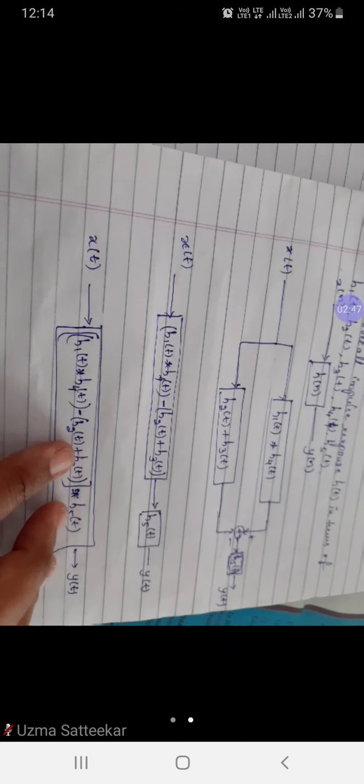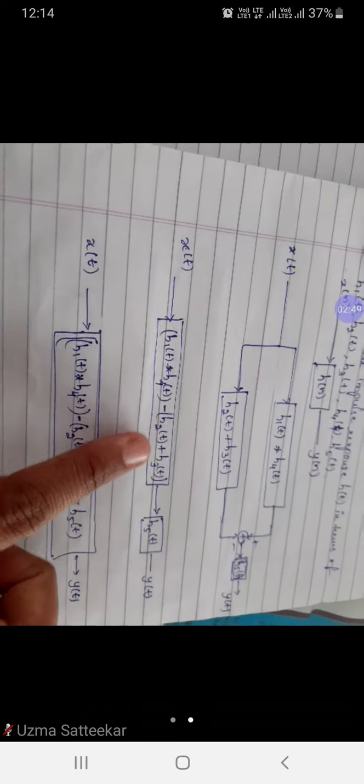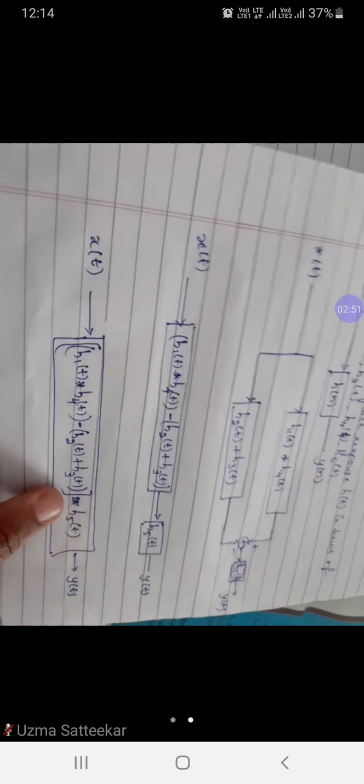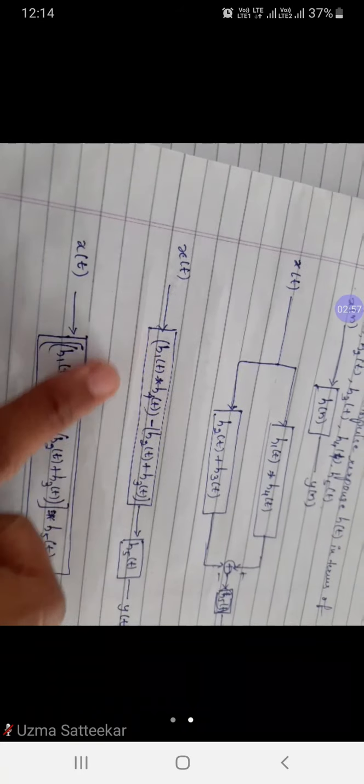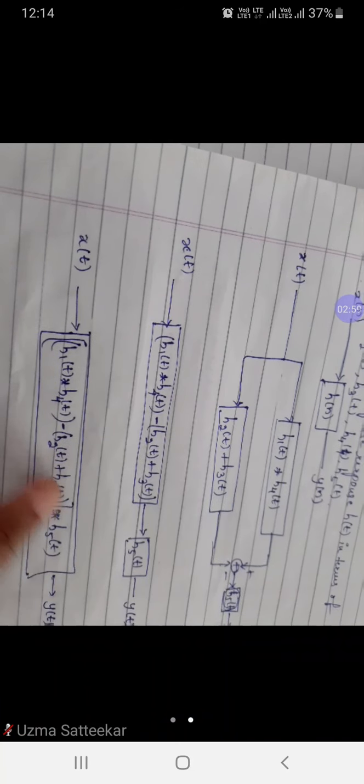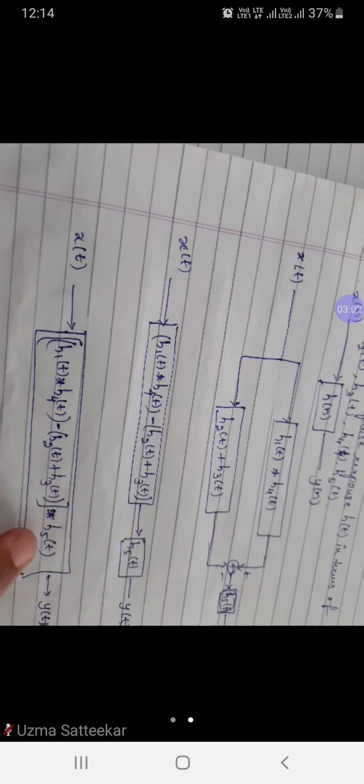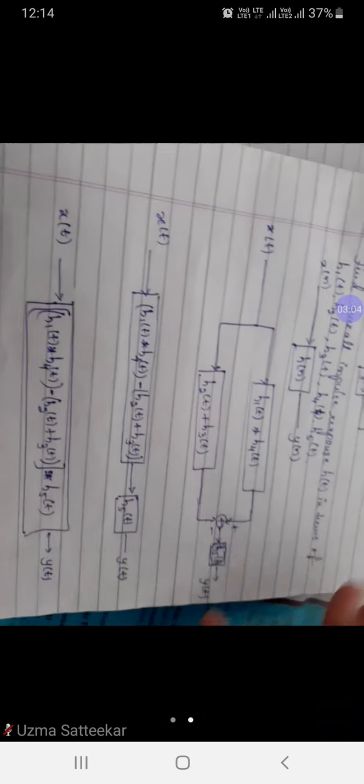Now in the final step, these two blocks are connected in series, hence one convolution should be added. Hence this complete part as it is should be convolved with H5. So how many reductions have we done?